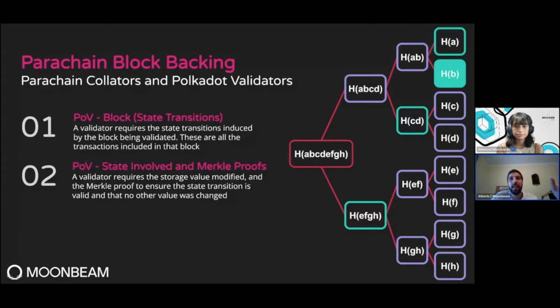It only stores the headers, basically, and the state transition function. And so if the collator says, hey, I know that you have the header, which tells you the last summary, I want you to verify this new one that I'm giving you with this set of extrinsics, right? And that's what the validator can do.